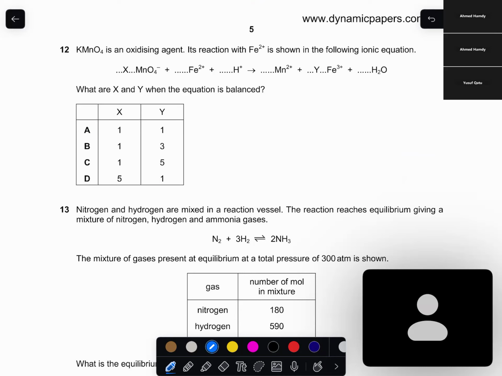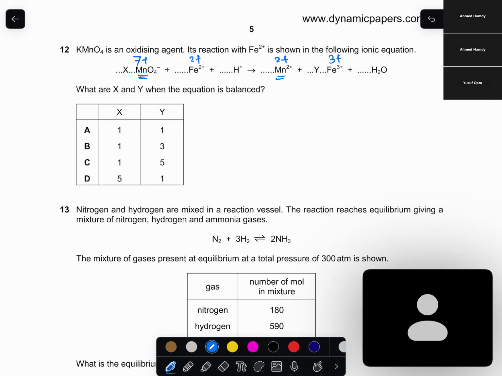So here, manganese here is +7, iron here is +2. Manganese here is +2, and iron here is +3.